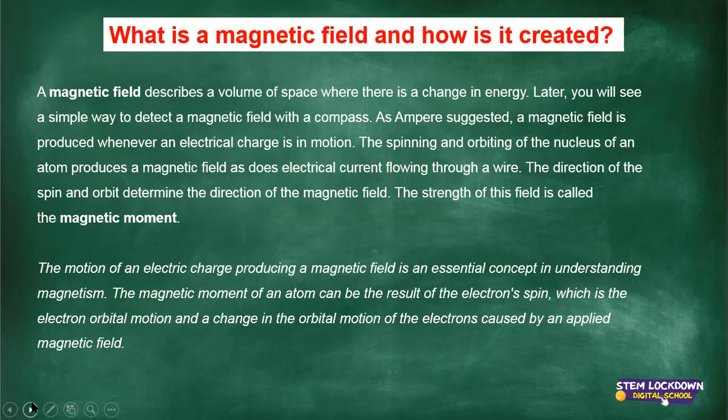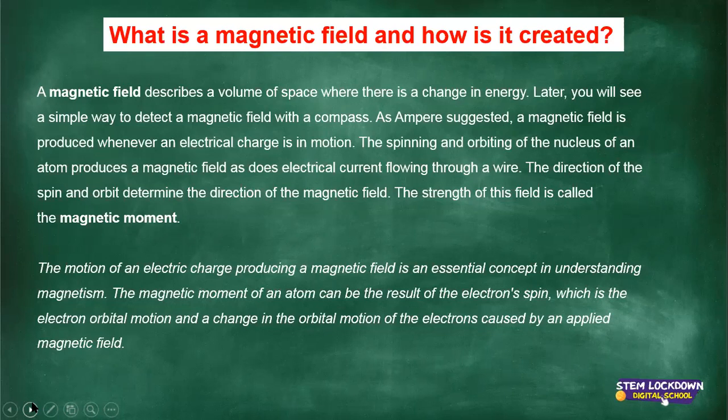So if the current is flowing in one direction, it will determine the direction of where the magnetic field is. And this strength is now called a magnetic moment. So the strength of the field is called a magnetic moment.